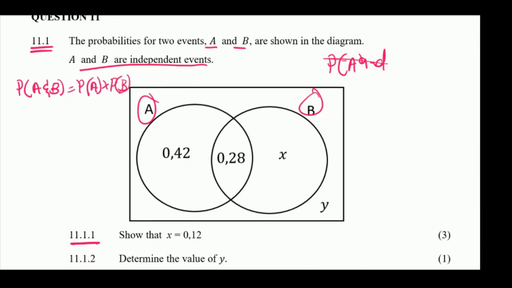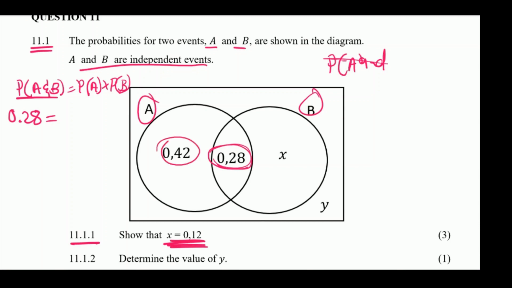So what is probability of A and B? Because we want to find the value of x, hence we're doing this. Looking at the diagram, it's this one here, the intersection. So it's going to be 0.28 is equal to the probability of A.